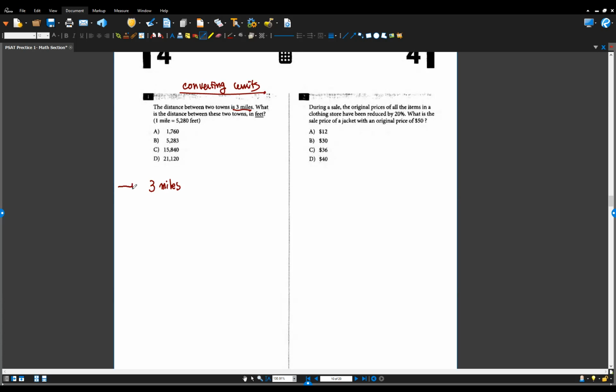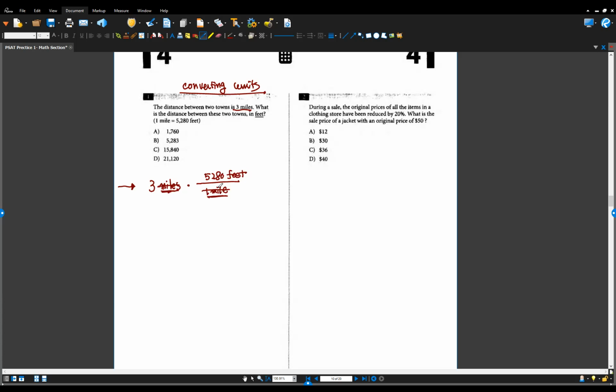This is the way to find the change by converting units. We need to change the unit because we already have it marked in feet. So you multiply by the equivalent: 1 mile is how many feet? 5280 feet. But you have to be careful. This is a mile over here, and down here over mile, and that is canceled out. This unit is canceled out.